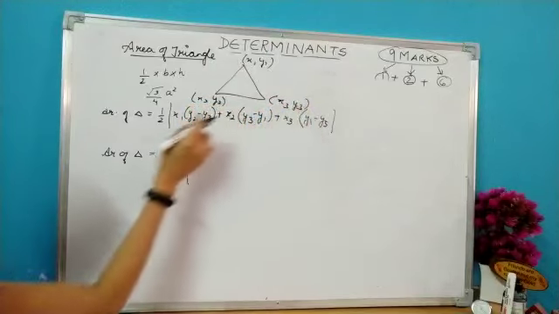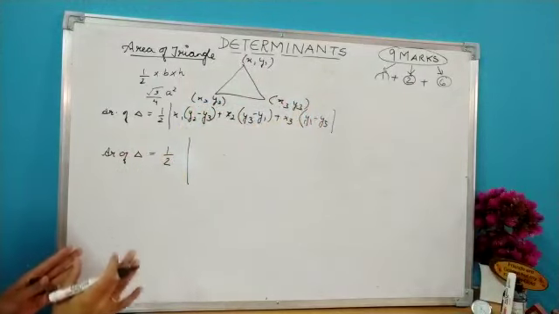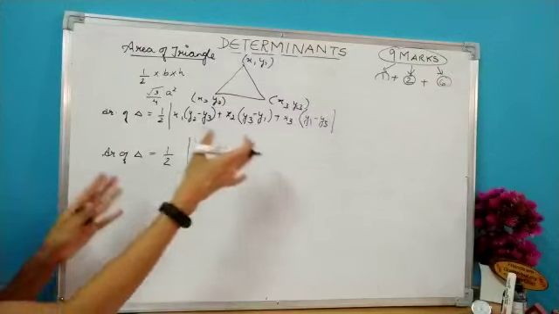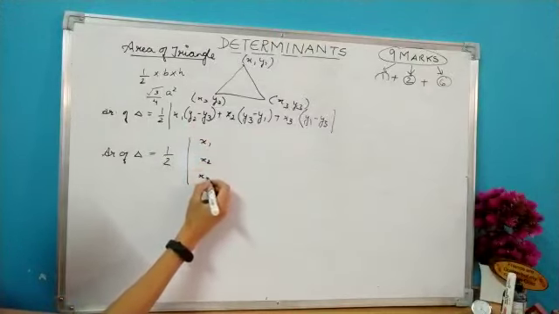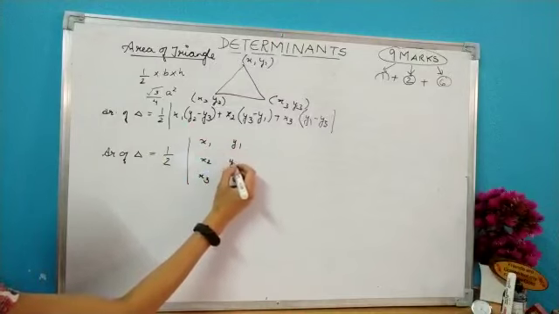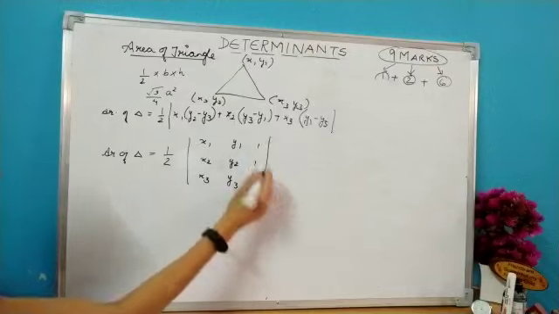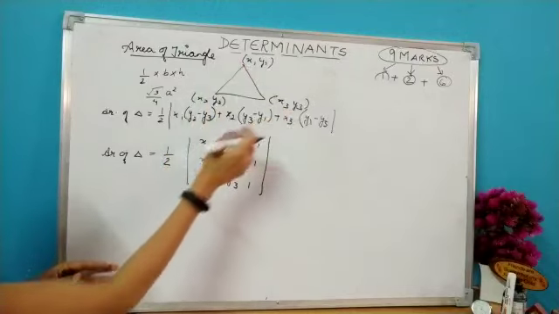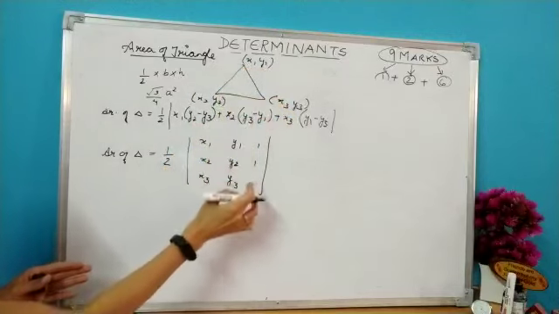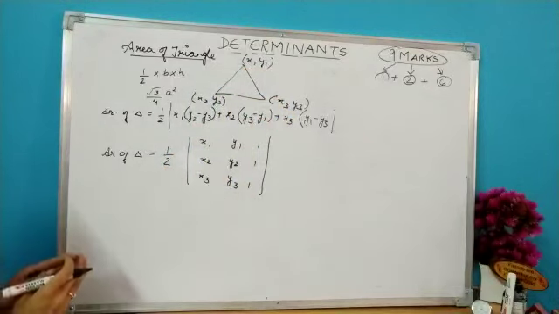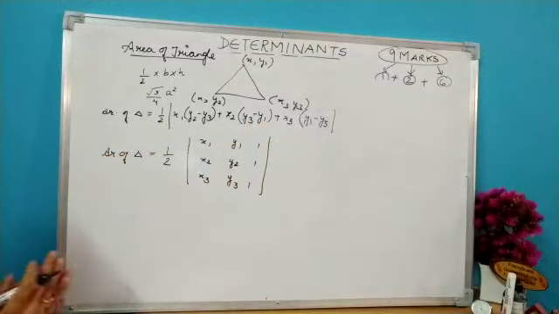So here also you will be given 3 vertices, and you have to represent the area of the triangle in this form: x1, x2, x3, y1, y2, y3, 1, 1, 1. So you will simply put the values of the coordinates or vertices here, and then open it. This is a determinant, so you will be calculating the determinant of this.